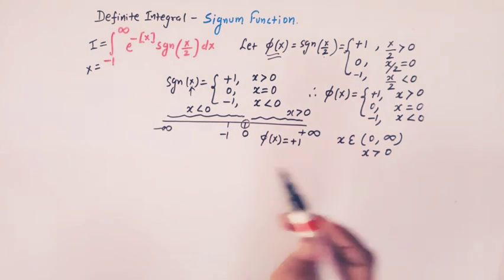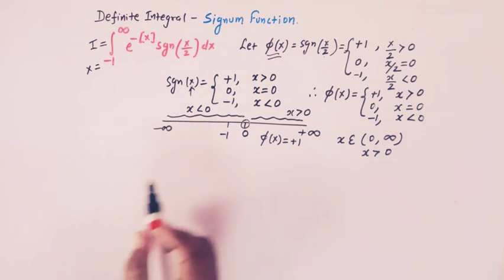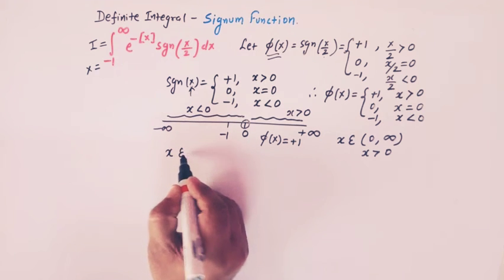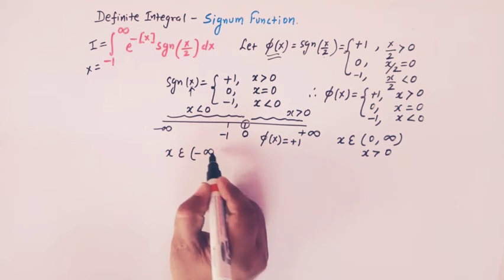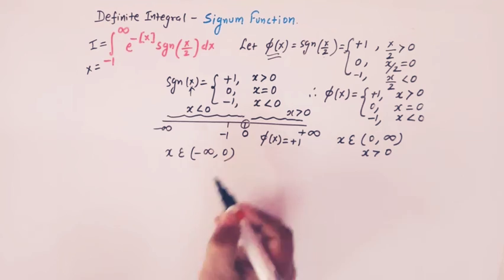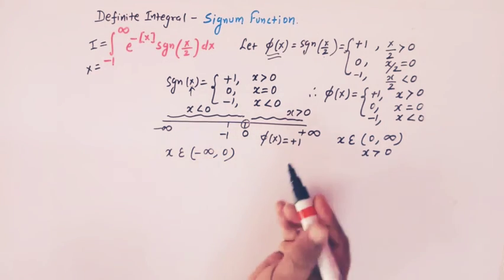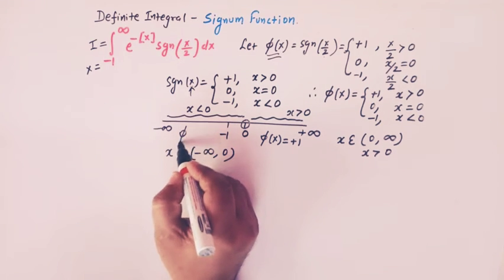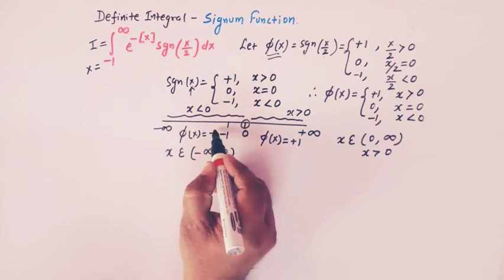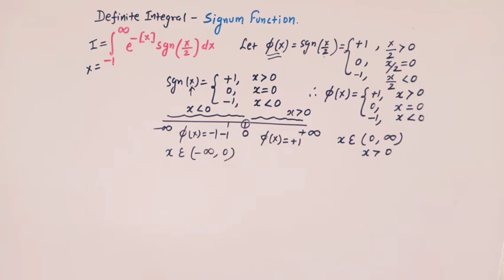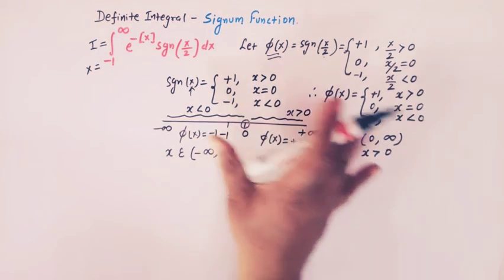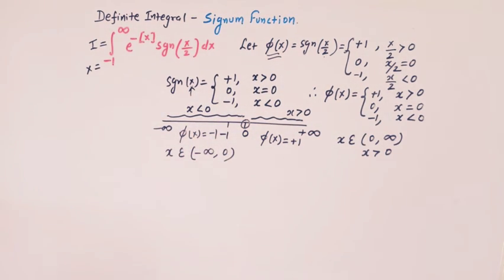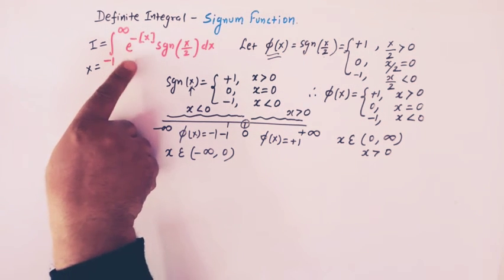And for the interval in which x belongs to minus infinity to 0, phi of x takes the value minus 1. So this is the situation here, and now let us split this integral.